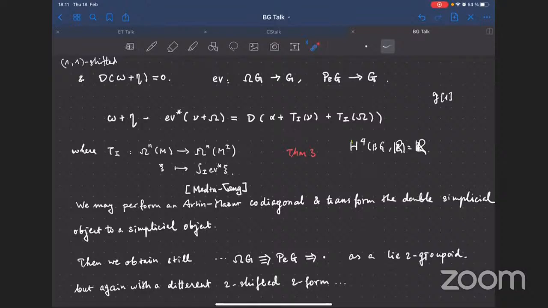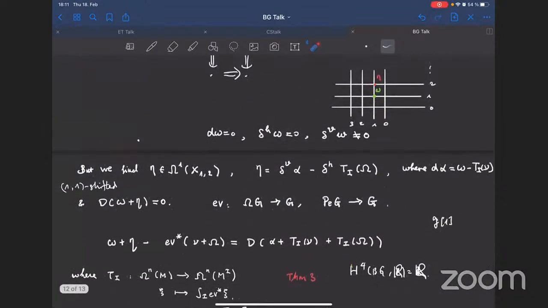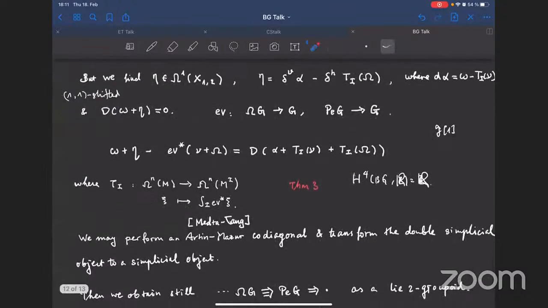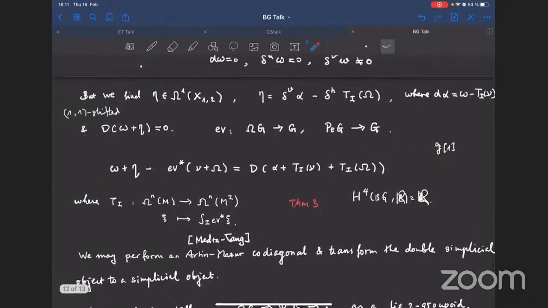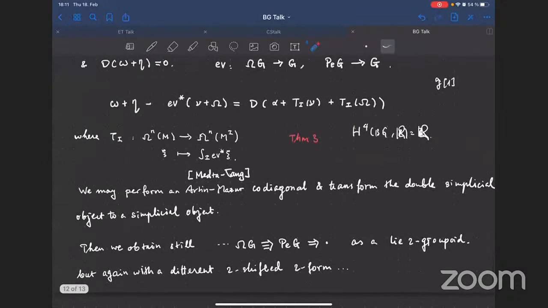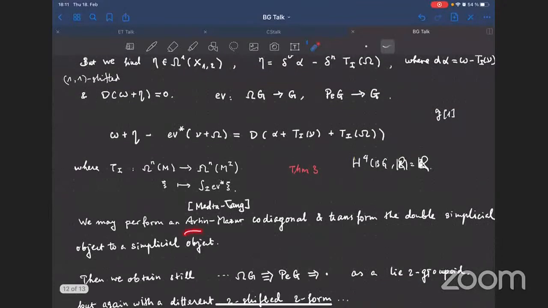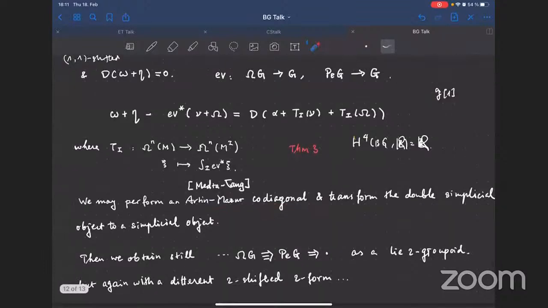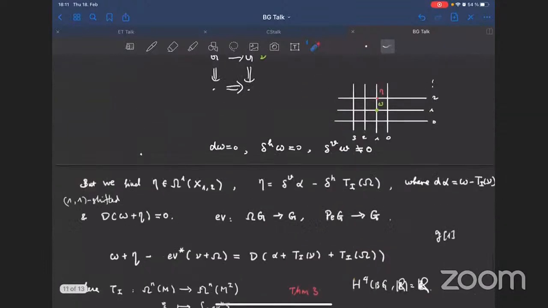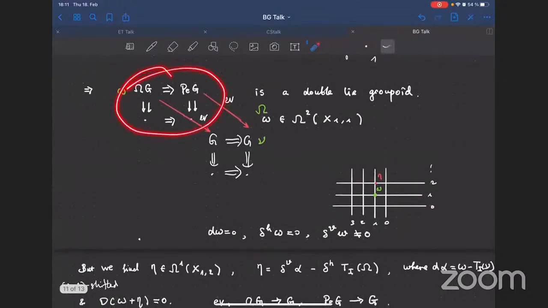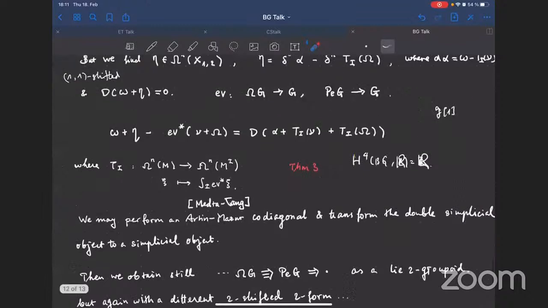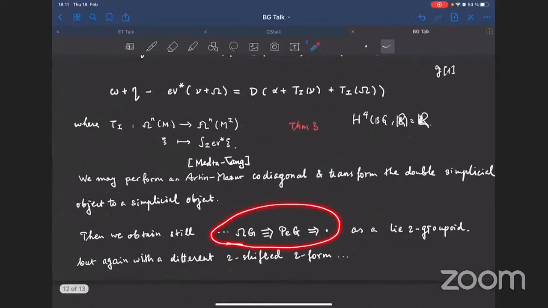For example, one of them, I think Li-Bland and Ševera, used this double picture to integrate Courant algebroids. It's more or less like the picture I just mentioned. They did an Artin-Mazur codiagonal and transformed the double simplicial picture to a symplectic picture. We can also do it here. When we do this Artin-Mazur to this double, it will end up, no surprise, with the same Lie group we had before.